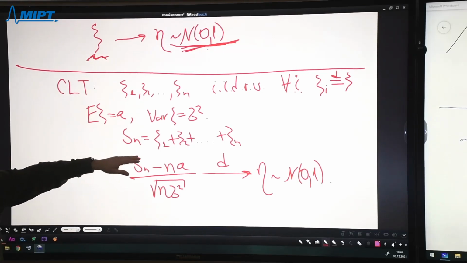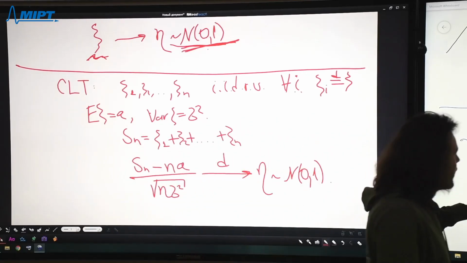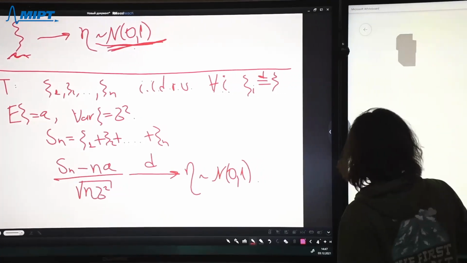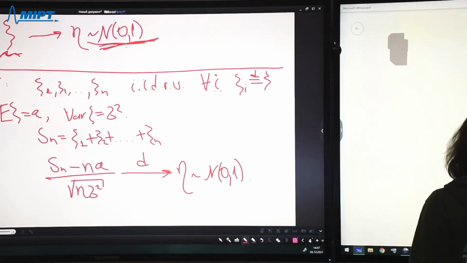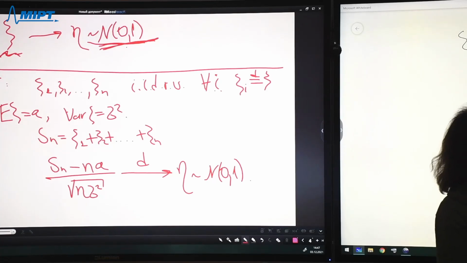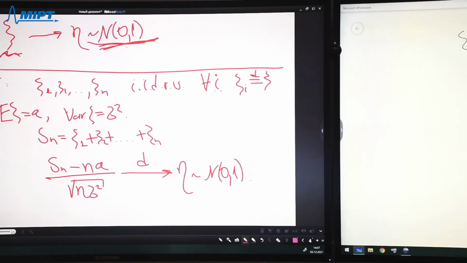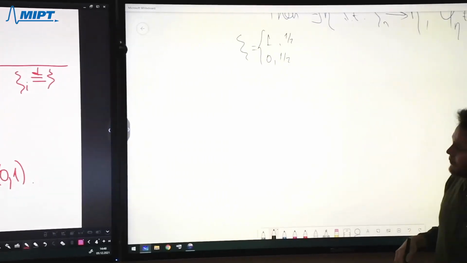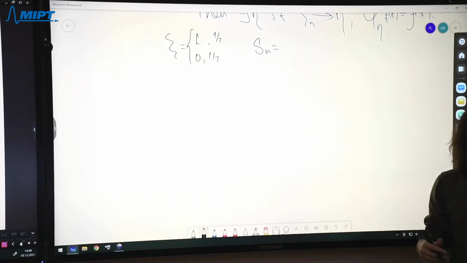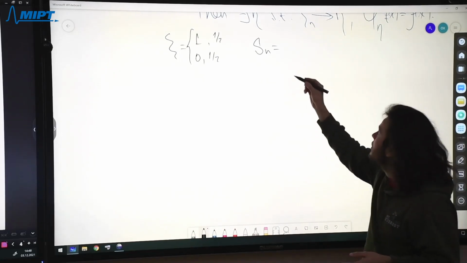So for example, what if psi is a random variable that is 1 with probability 1 over 2 and 0 with probability 1 over 2? So we flip this coin, and then we get success or failure with probability half. And then Sn is the number of successes that we obtain.